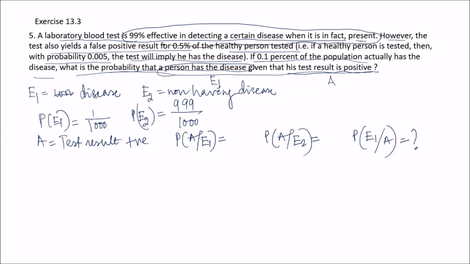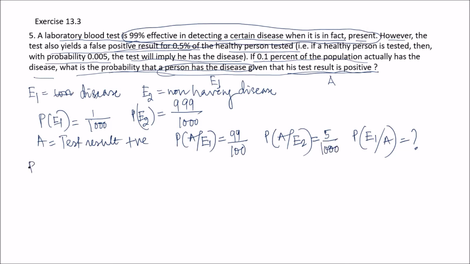That means it is showing 99% positive if the disease is there. So this is 99 by 100. Second is the false positive result. That means there is no disease, but it is showing positive. So this is 0.5%. 0.5% means 5 by 1000, or you can write it in decimal.